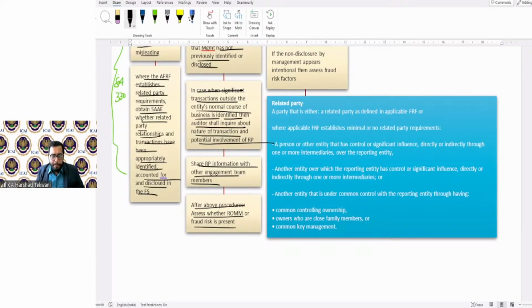See, there are certain documents that management cannot deny, for example, minutes of meetings or resolutions passed. These are documents that are required to be shared with the auditor.